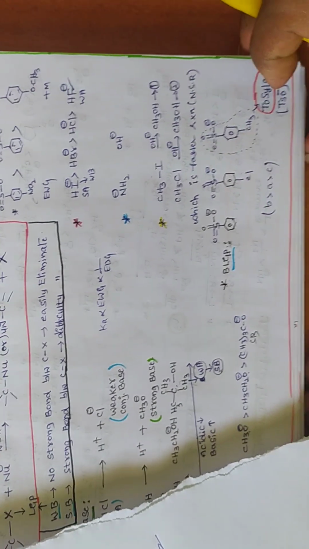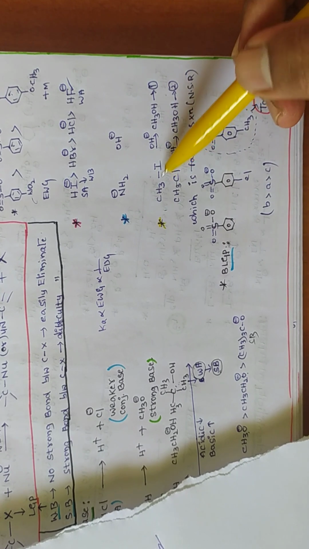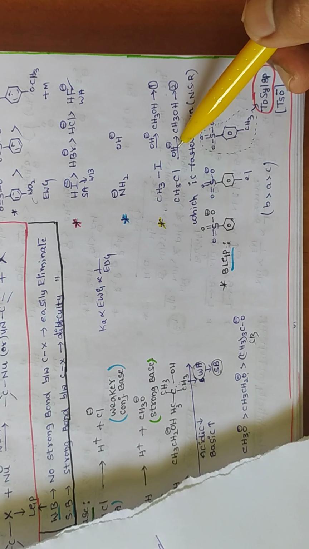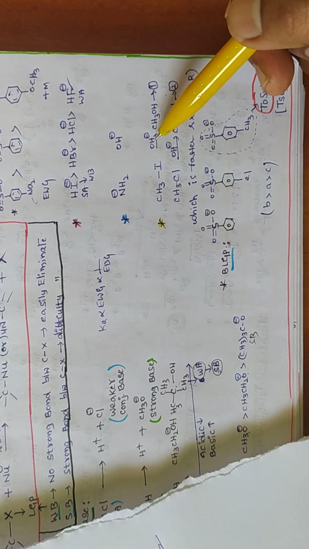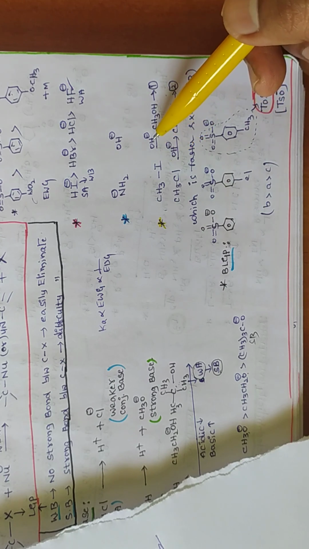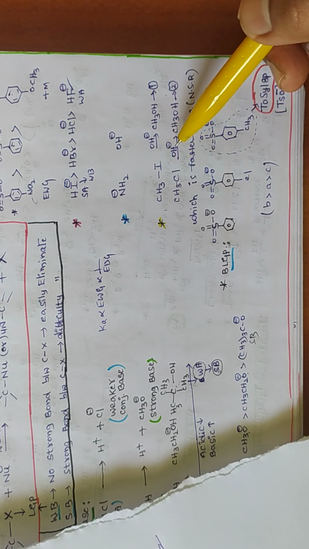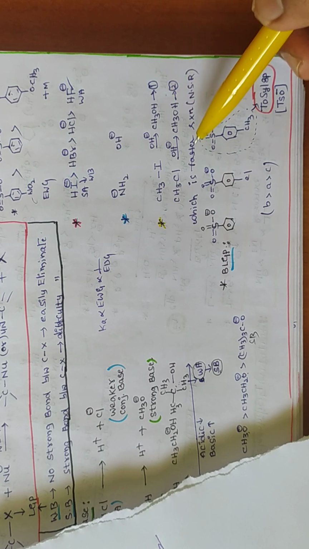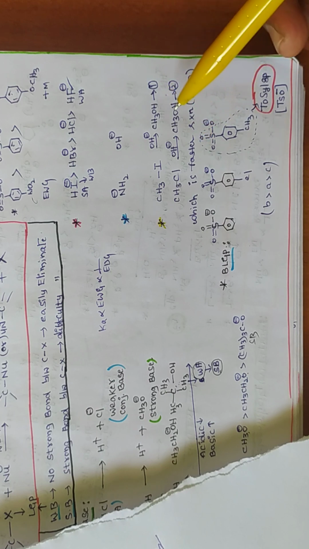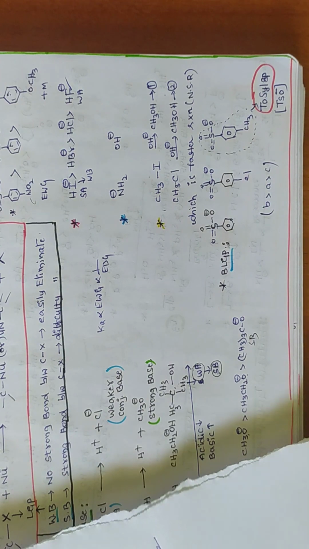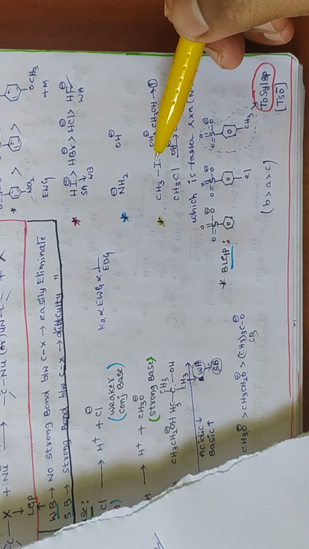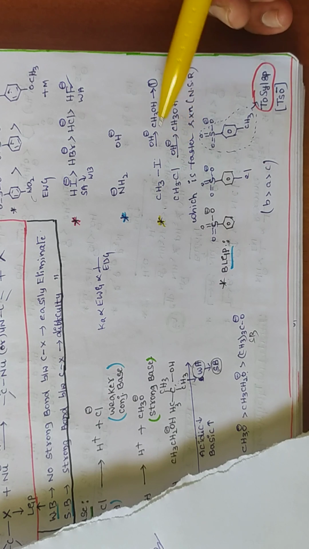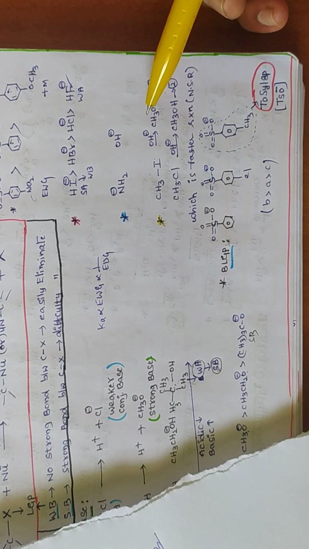Next, in this case, I have given one reaction, CH3I reacting with the nucleophile OH minus, and CH3Cl reacting with OH minus. I minus is substituted by OH minus, Cl minus is substituted by OH minus. So nucleophilic substitution has happened. Now which is the faster reaction, the first or the second?